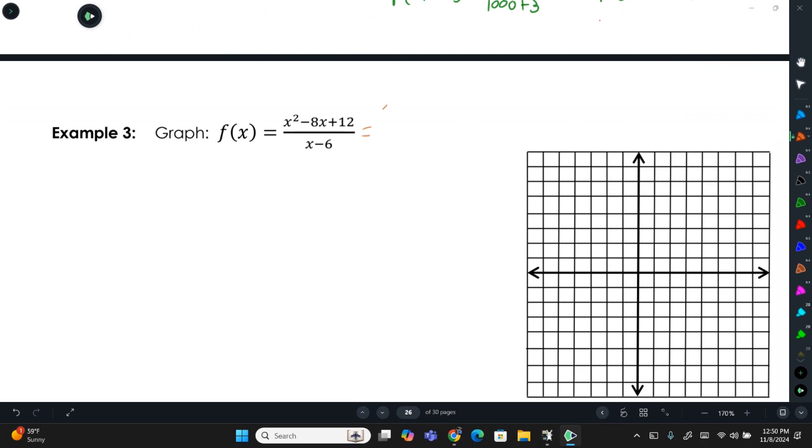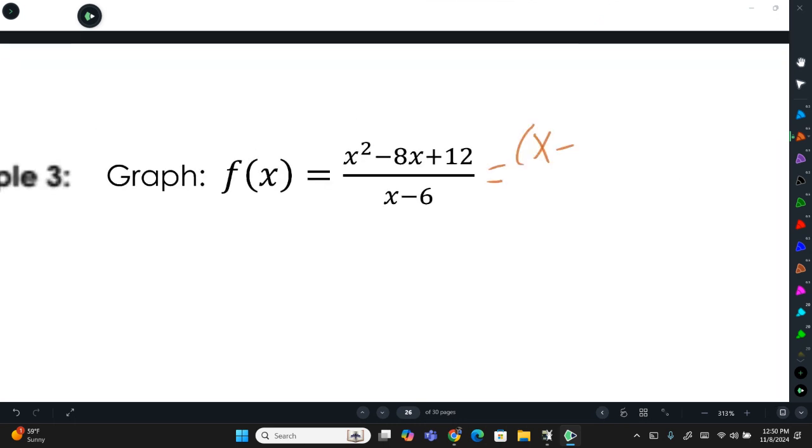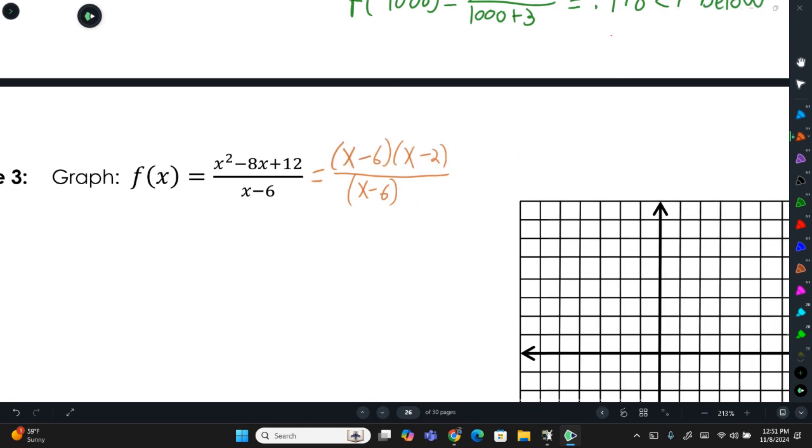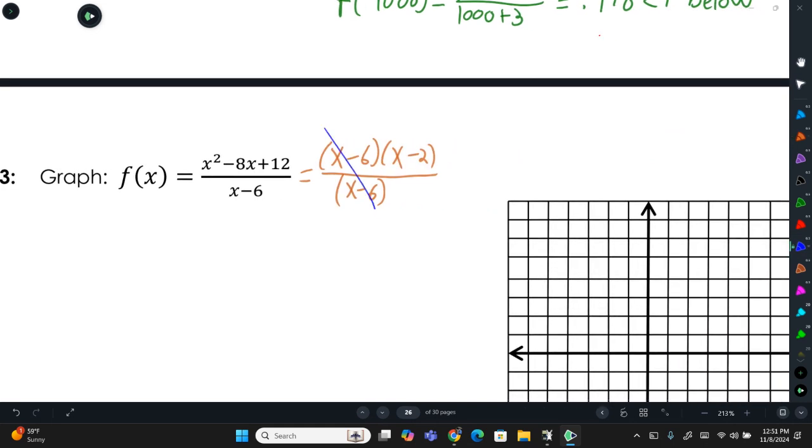So the numerator is x minus 6 times x minus 2, over x minus 6. Now the x minus 6's are going to cancel. Okay, so that means there's a hole at x equals 6.